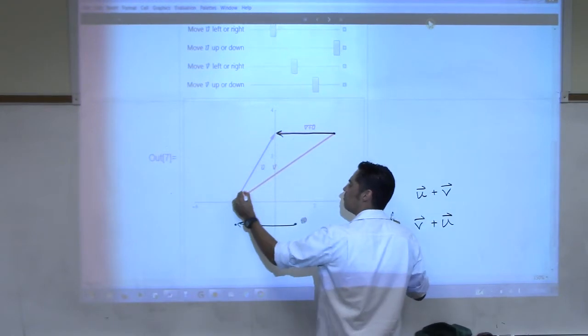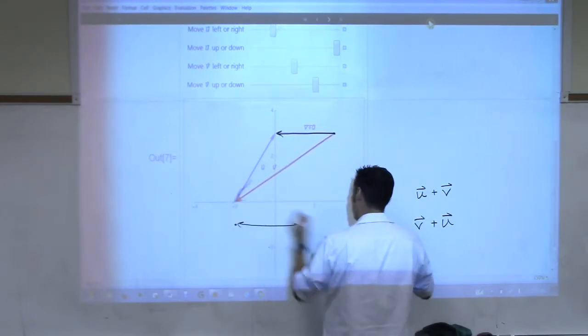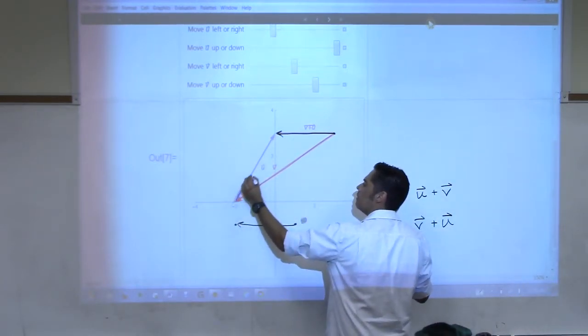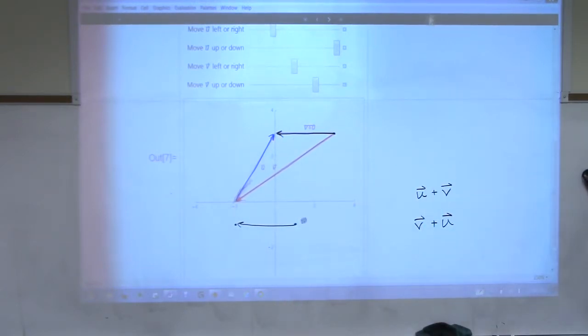Now, what I'm going to do, just so you can see why they call this the parallelogram law, is leave this one in red and this one in blue, like this. And then let me move those back where they were.